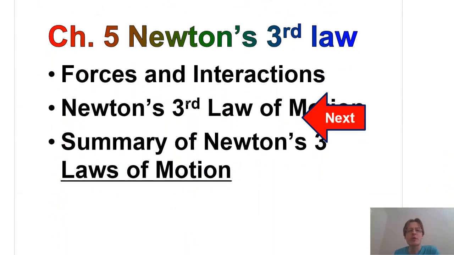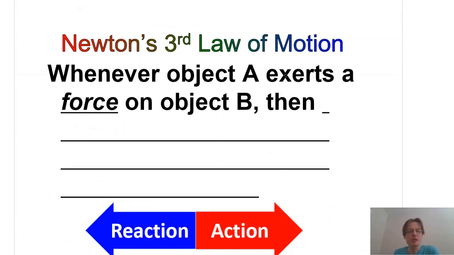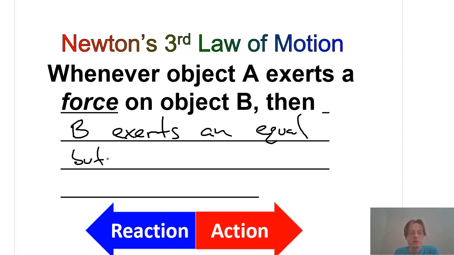Let's now put down the third law in a more formal, precise way. It says this: whenever object A exerts a force on object B, then object B exerts an equal but opposite force on A. Remember that forces have directions.